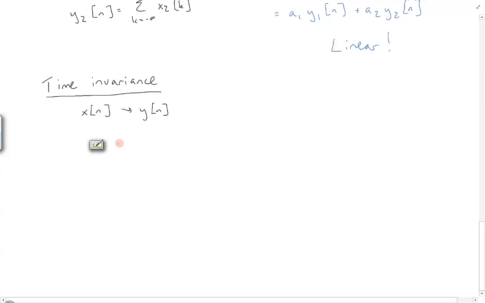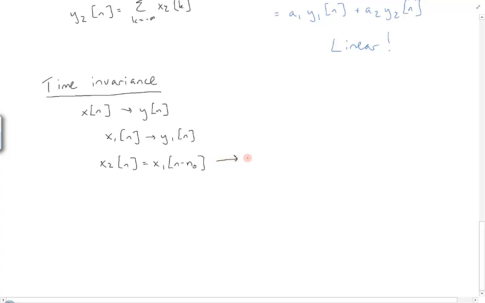So mathematically, suppose that we have a given input x1 of n, which brings about y1 of n, and then we have an x2 of n, which is equal to x1 of n minus n0. So we shift everything in x1 by n0, which can be positive or negative or anything.